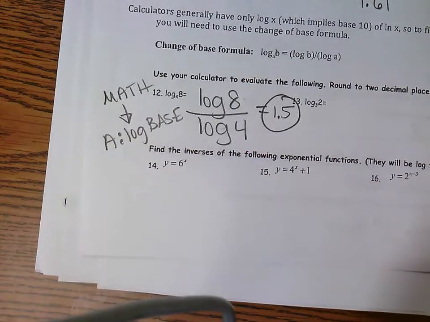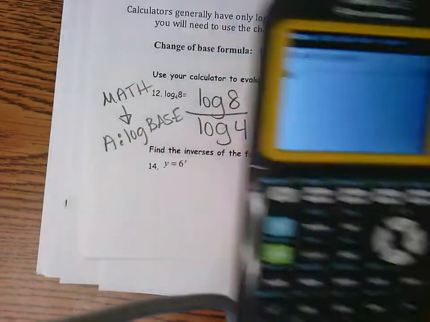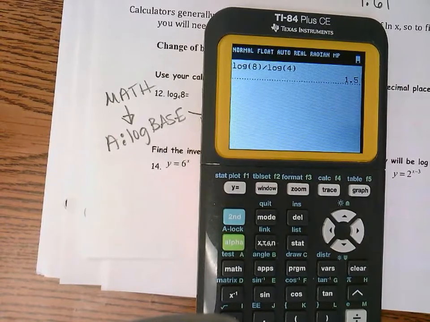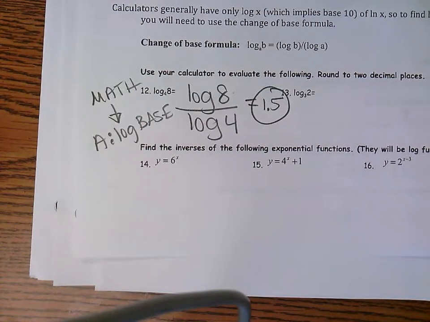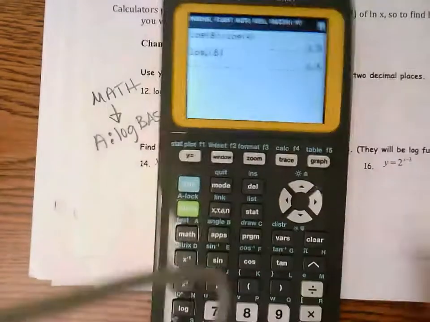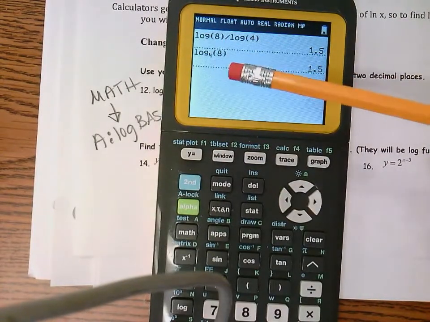I got 1.5 exactly. I did the log of 8 divided by the log of 4. So does everyone see where under math, you've got log base? You could change the base yourself on your more sophisticated calculators.